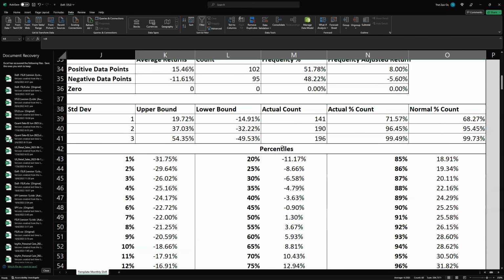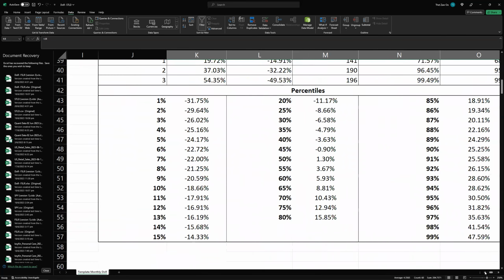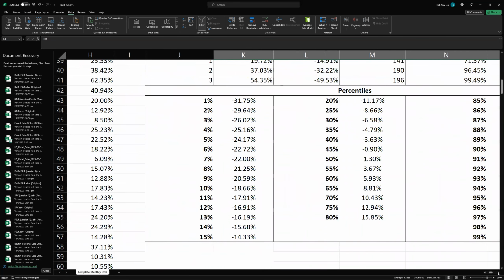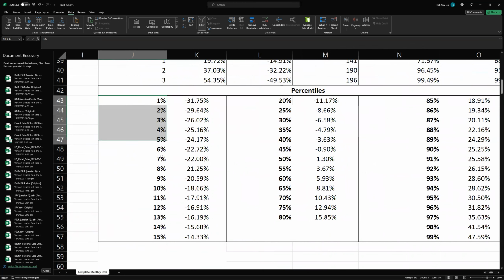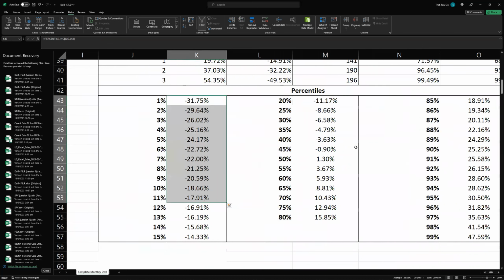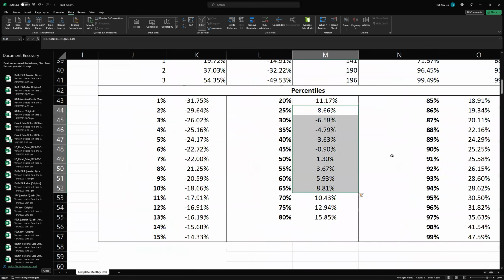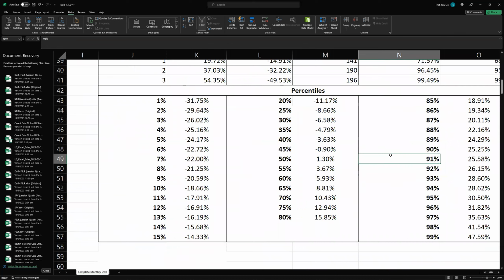Next, we can also look at the percentile rank. There's a percentile rank here. For the percentile rank, the bolded ones are your percentiles, and the non-bolded ones are your returns. For example, let's say I am looking at negative 22%.